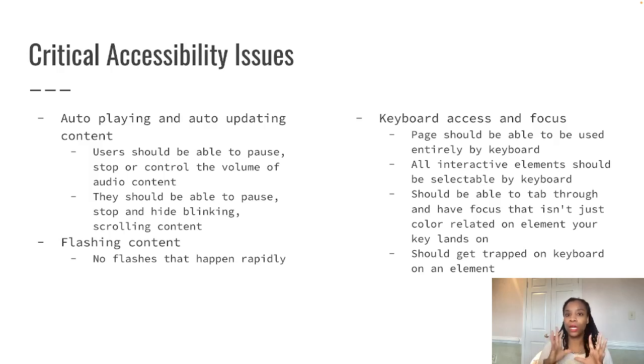So if you're just using color to convey something important, or that something has changed, they might not even know that something has changed. An example would be if I click on a link and after I click on the link, it turns purple instead of the black that it was. Someone who's colorblind wouldn't know the difference, right?